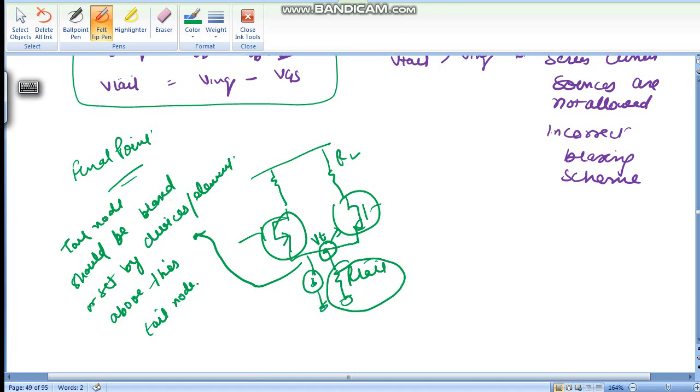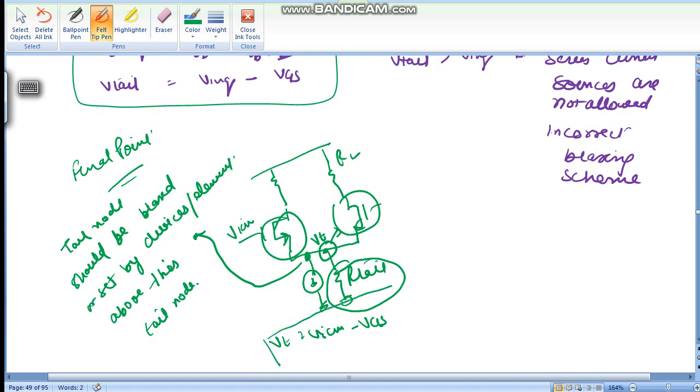So the current source is not going to bias this tail point, and this source node, say here VICM. So here VT will come like VICM minus VGS.